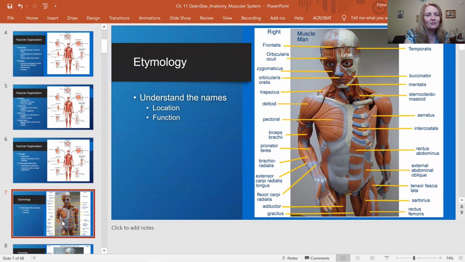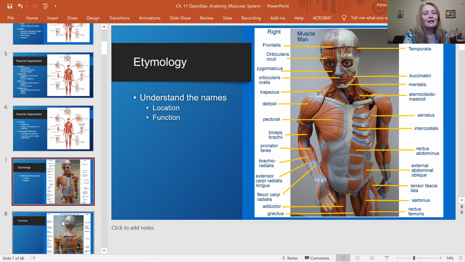And then we just briefly looked at etymology of muscles. So where they're located, and we mentioned that muscles can be superficial, deep, intermediate, and the function of muscle is contraction, generation of force, and movement.